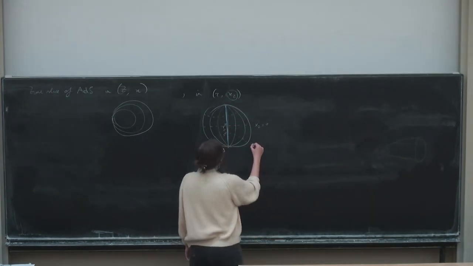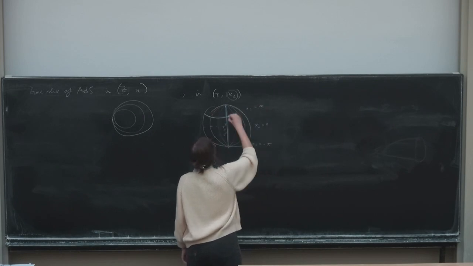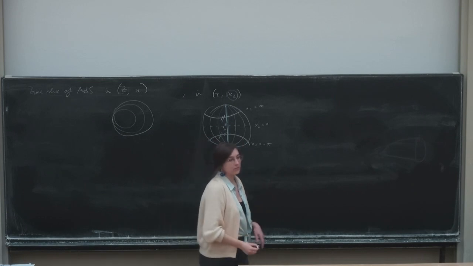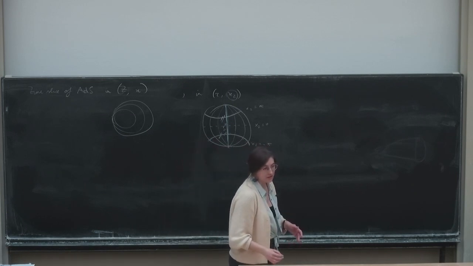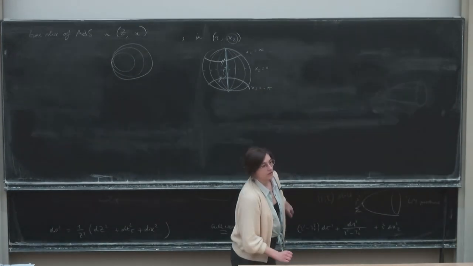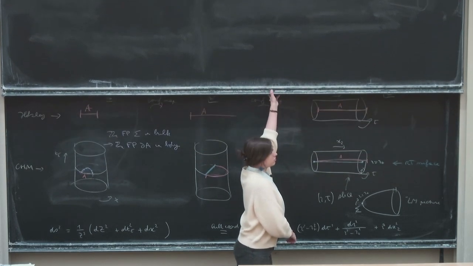Here at x_z equals minus pi and x_z equals pi, you identify these two lines. And that makes a BTZ black hole, which is then different from just being locally AdS.